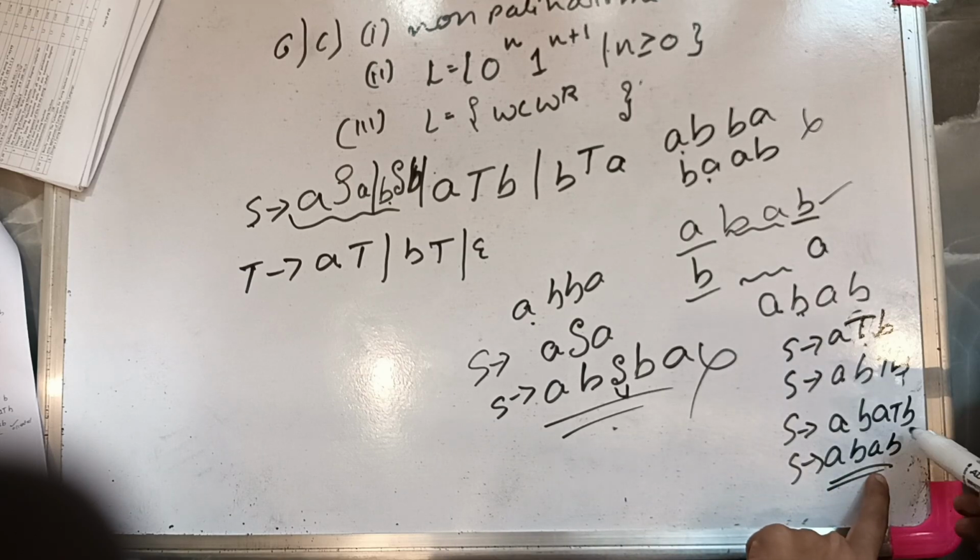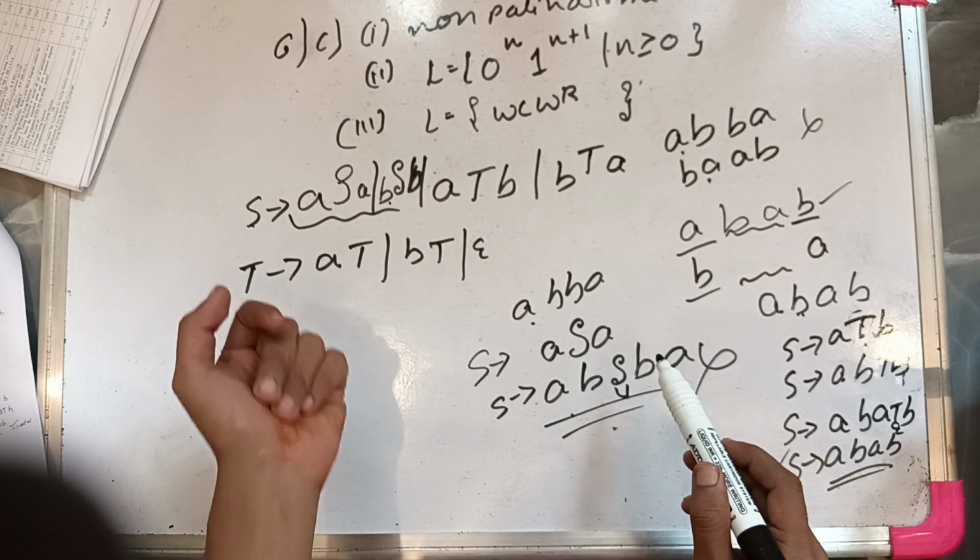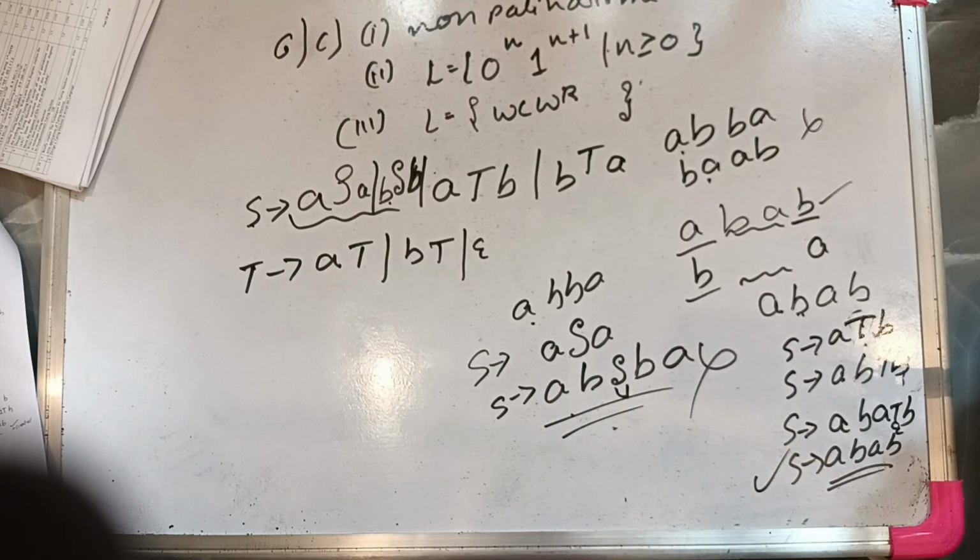This can be accepted when T is substituted by epsilon. But in this case, if it is a palindrome, the given grammar can't accept it.